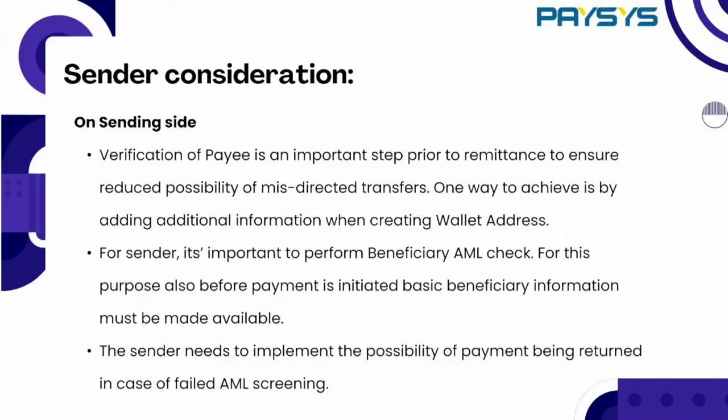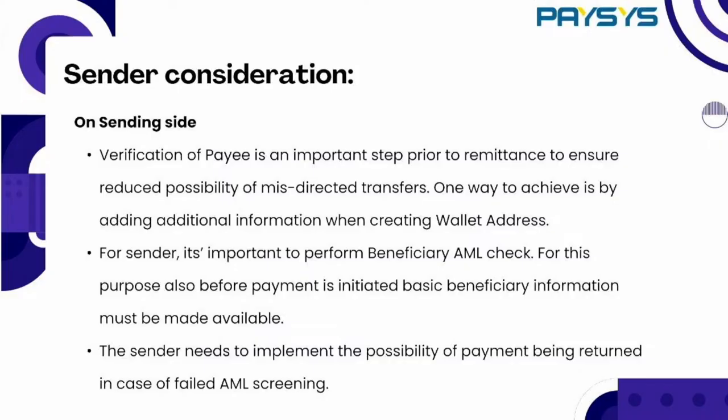Now we see that in the APIs given by ILP, the Rafiki instance, the create wallet has that option, but standardization of that, when we are using it for remittance, is important because most of the financial institutions follow a certain way to do the screening. So what information we need to attach to it is something which needs to be worked upon. But certainly there is a way to do it.